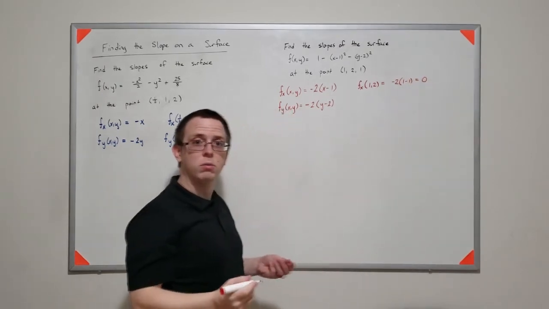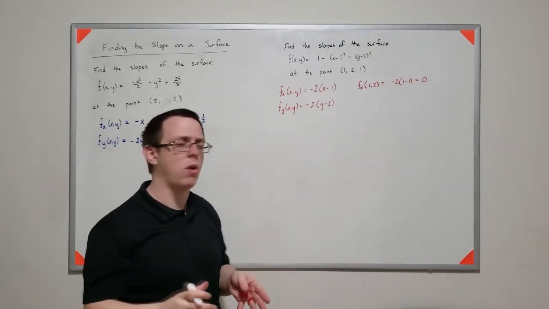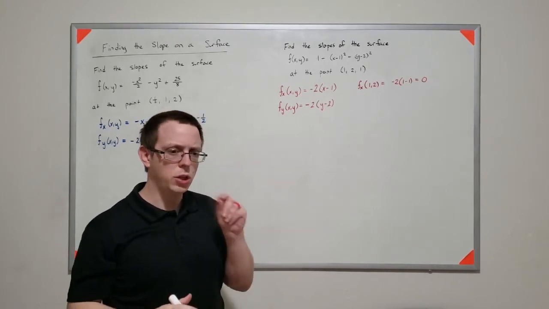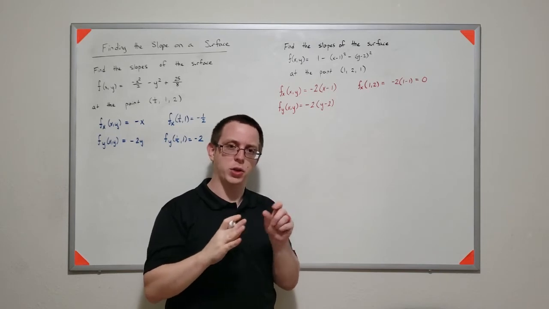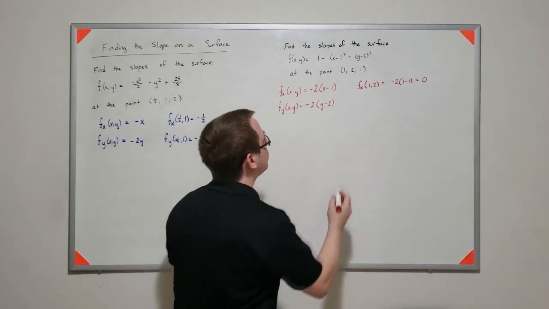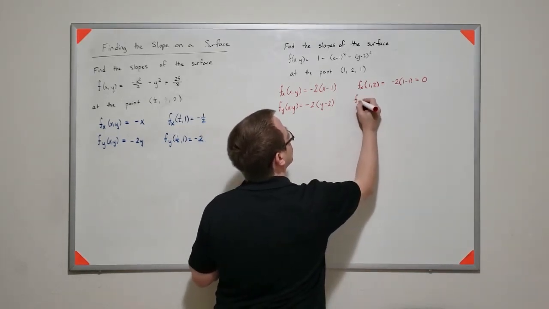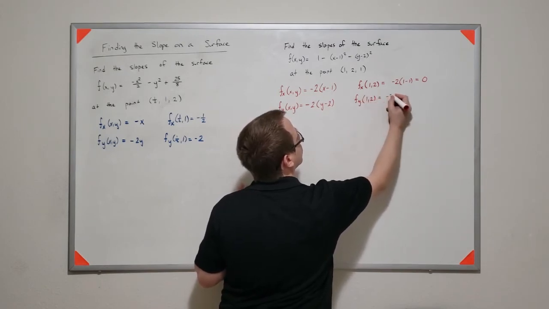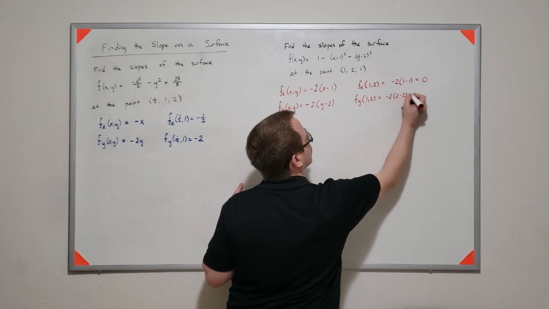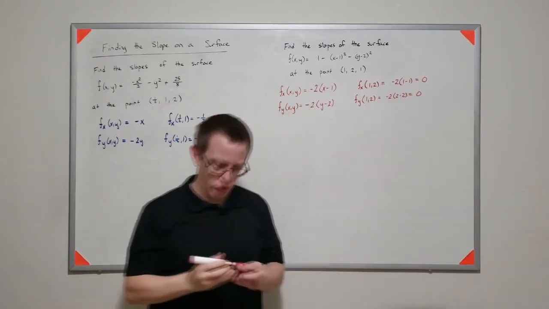So we have 0, so that tells me x isn't changing at all. So in that particular point, there's no change in the direction. And at that point, there's no change in direction.